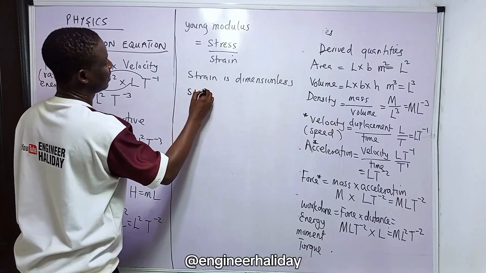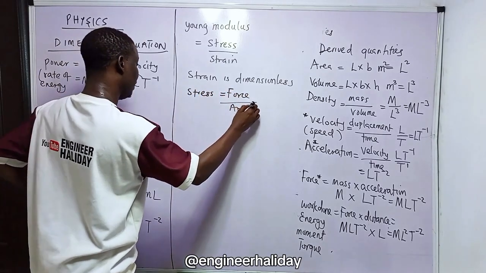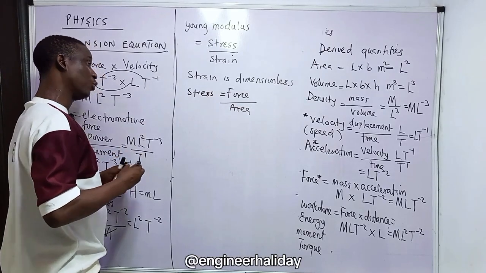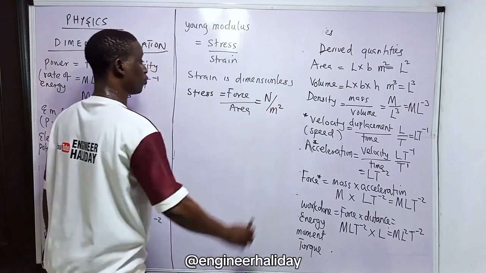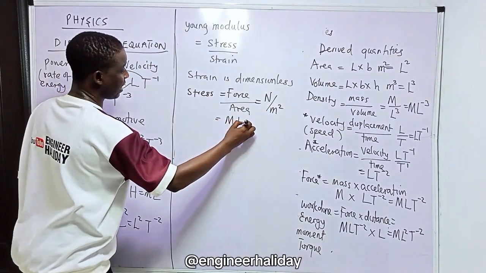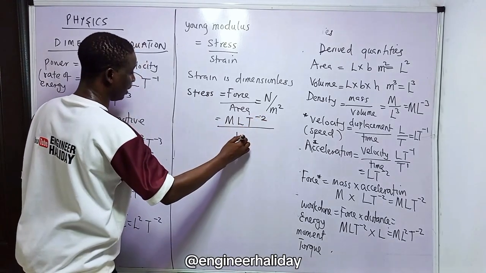So stress is equal to force over area. What is our force? Go and check the part 2 video that we did. It is Newton over meter squared. Now, what is the force dimension? MLT minus 2. I told you don't forget that formula. Divide by L squared.